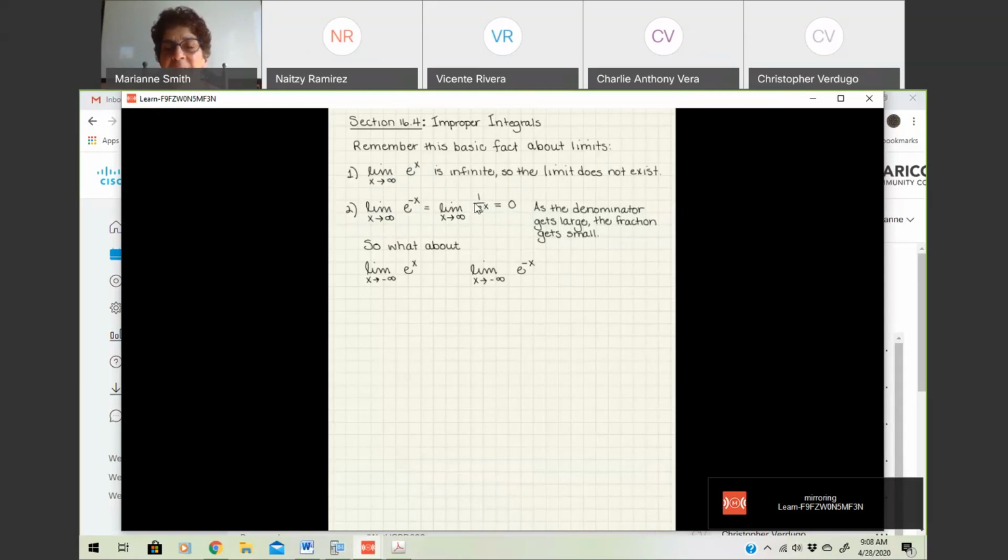Because e to the x blows up, it becomes infinite, but now it's downstairs in the denominator. So you can think of this fraction as going from 1/10 to 1/100 to 1/1000 to 1/1,000,000. Those fractions are getting smaller and smaller, approaching zero.